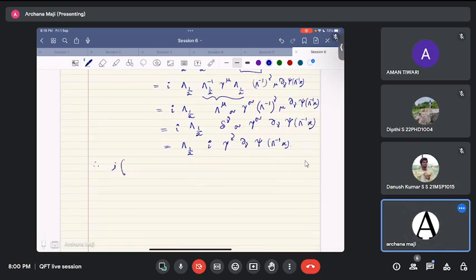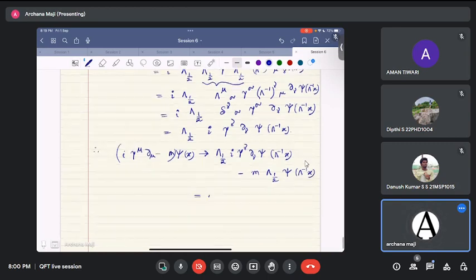So the Dirac equation then becomes i gamma mu del mu minus m psi. Under Lorentz transformation, the first term is becoming lambda half i gamma nu del nu psi lambda inverse x, and the next term is just the spinor, so that transforms under Lorentz transformation by lambda half psi lambda inverse x.